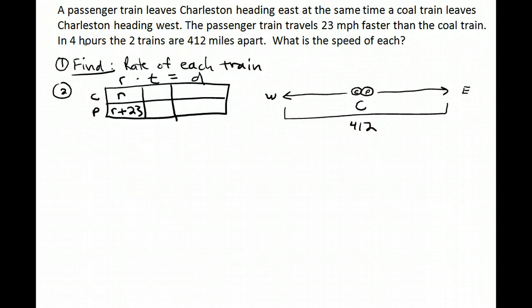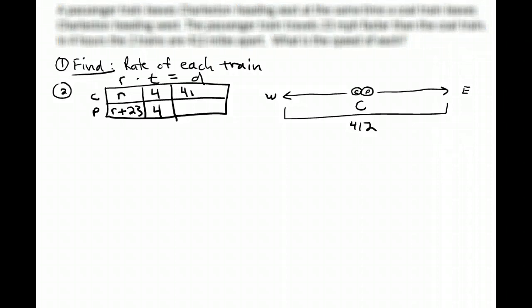It says in 4 hours the trains are 412 miles apart, so both trains are traveling for 4 hours. Okay, now don't look at your picture and just fill in the chart from the chart. So 4 times R and 4 times the quantity, R plus 23.